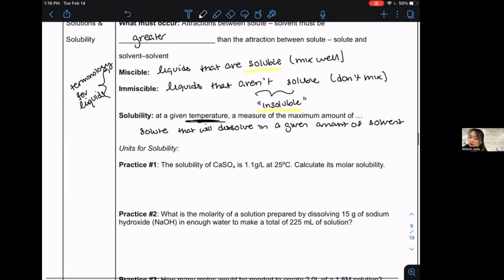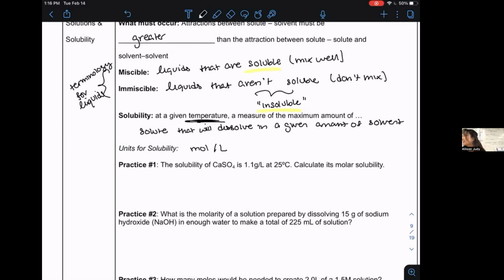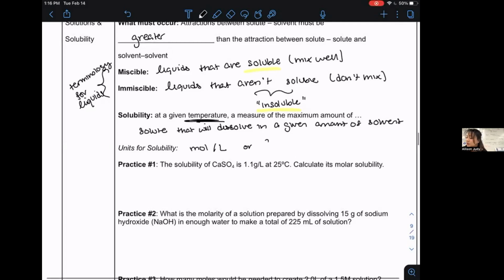So the units for solubility tend to be molarity. How many moles of the solute can dissolve in how many liters of solvent? Or we also sometimes do grams per liter. That tends to be a common one too. We're going to focus on molar solubility, or solubility measured in molarity.